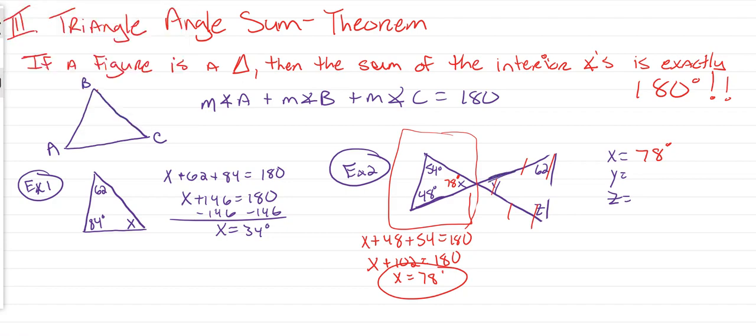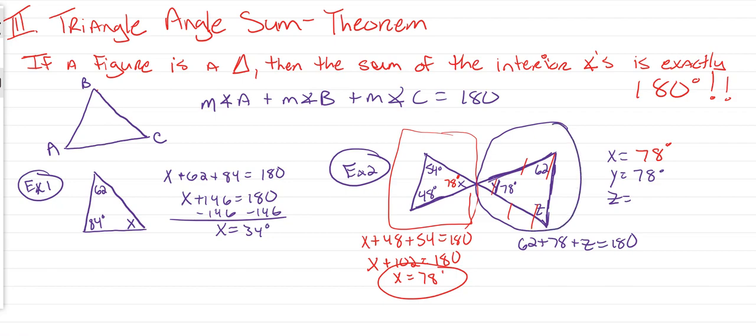But anyway, now I still need to find y and z. For this, y is also going to be 78. Hopefully that's kind of obvious because remember vertical angles are congruent. So that's how I know y is 78. Then I can find z by doing 62 plus 78 plus z equals 180, because I know that this triangle in the purple circle is also 180.